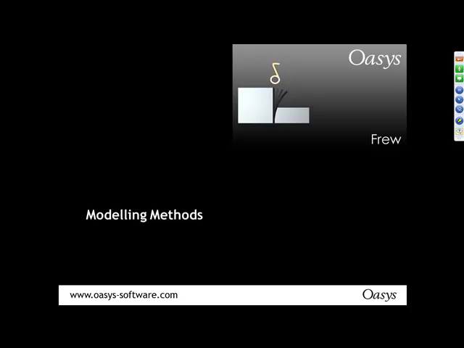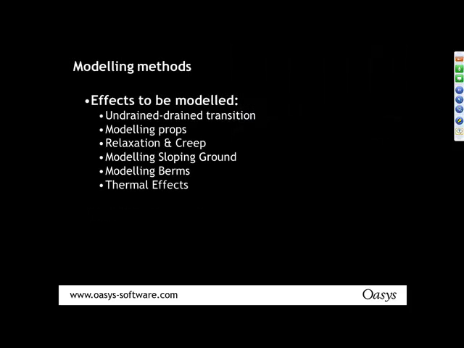I'm just going to touch upon the more advanced modeling methods. I'm effectively going to list them for you because they are covered in another webinar, which my colleague Nick will introduce to you at the end of this particular presentation. The kind of effects that can be modeled in Frew are, for example, you can accurately model the undrained to drained transition in Frew, and this is very good, for example, if you're looking at a long-term analysis.